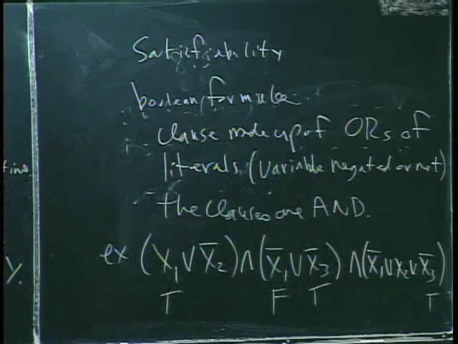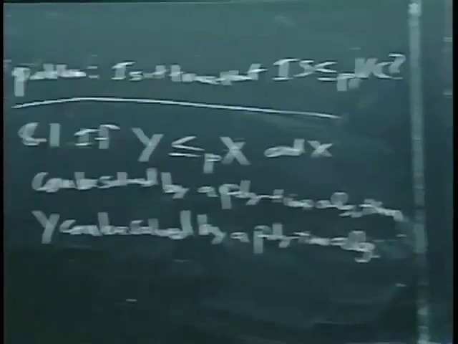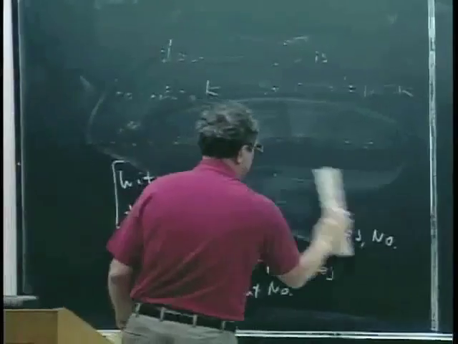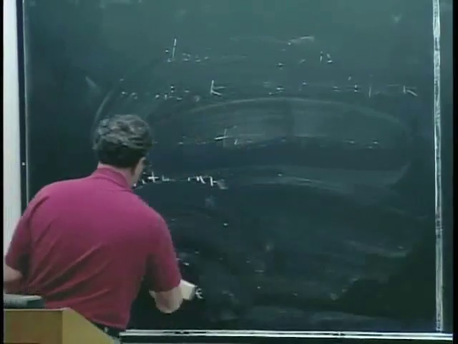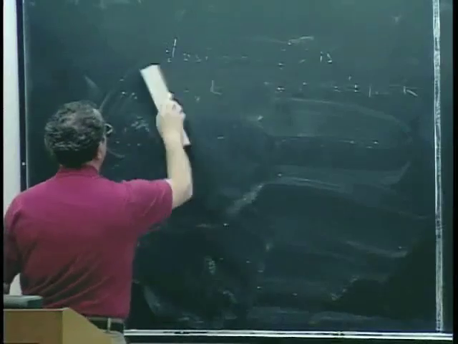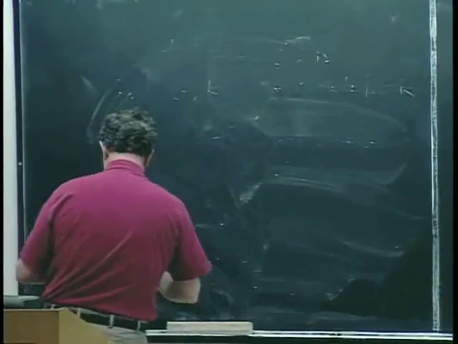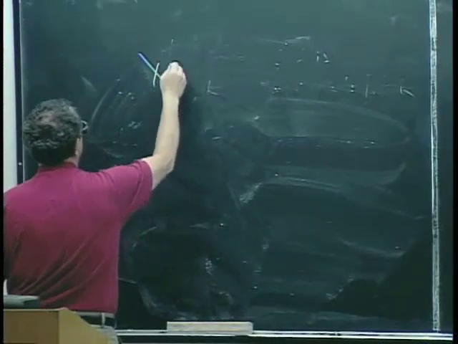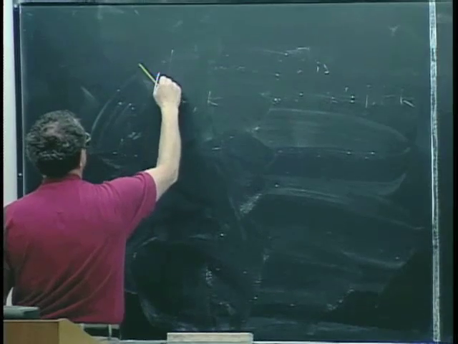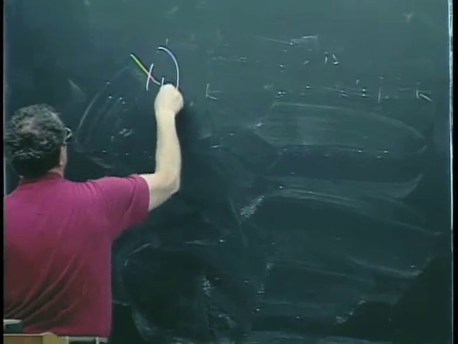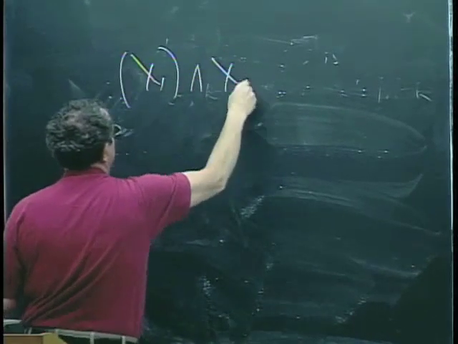As an example of a Boolean formula that you cannot make true, okay, x1 and x1 bar.